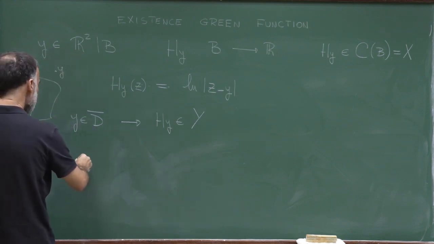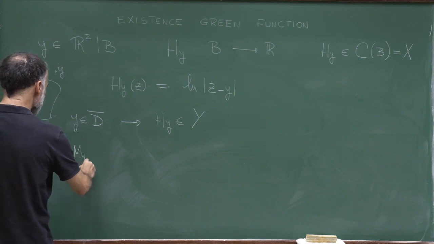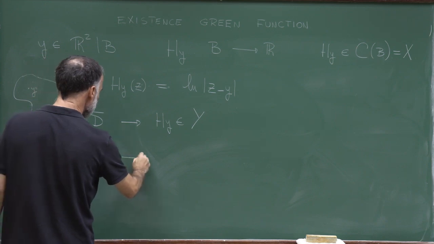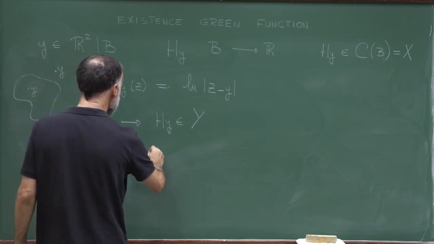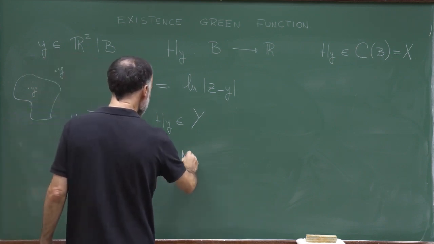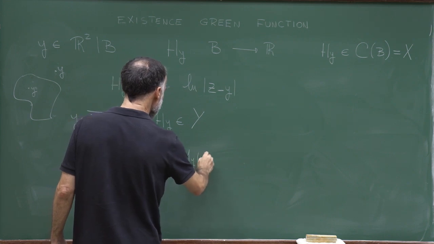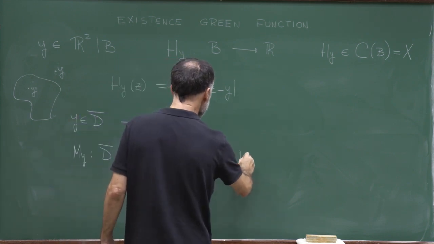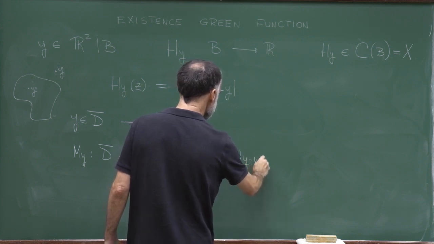To prove that, let me denote by m_y a function defined on D bar and taking values in R, and m_y of w is equal to the logarithm of |y minus w|.